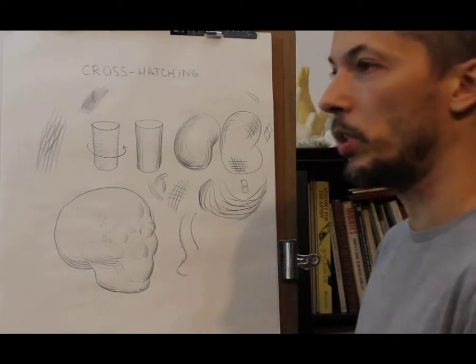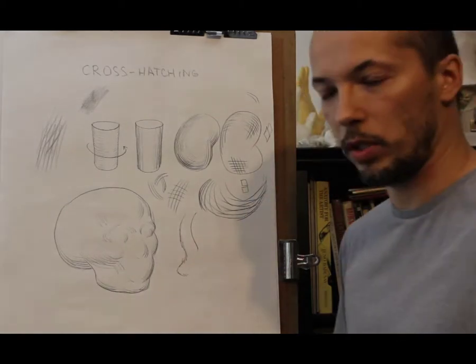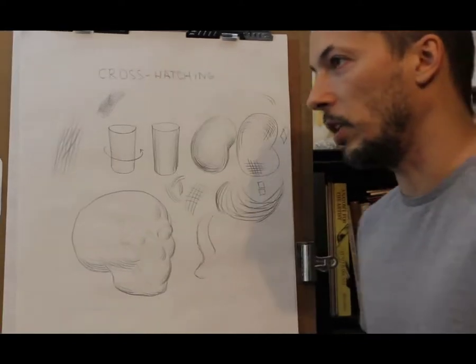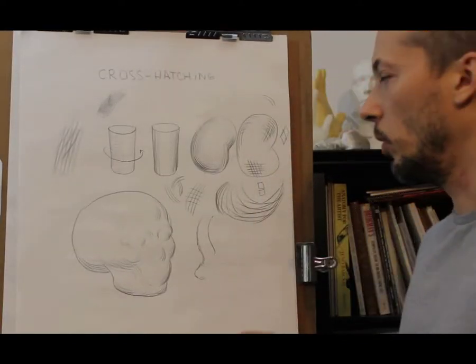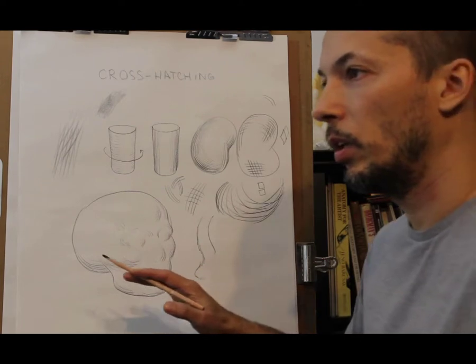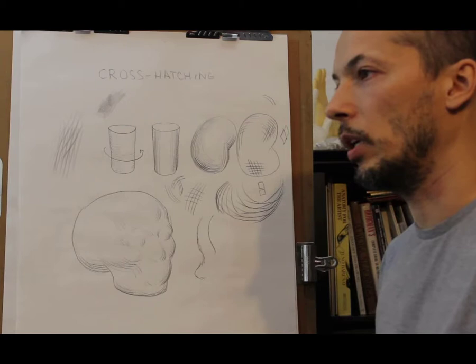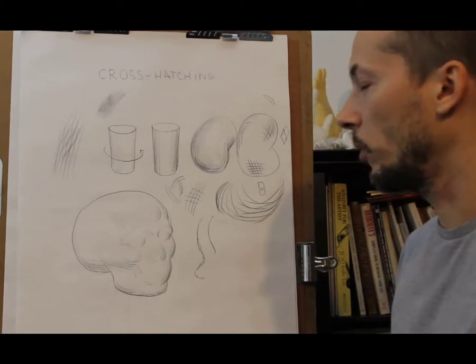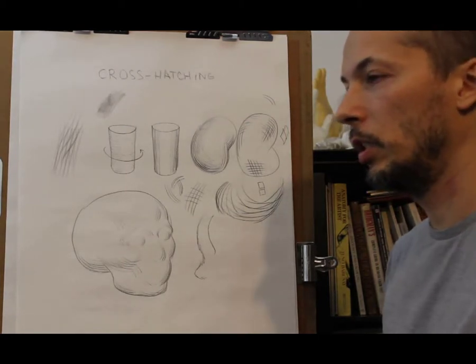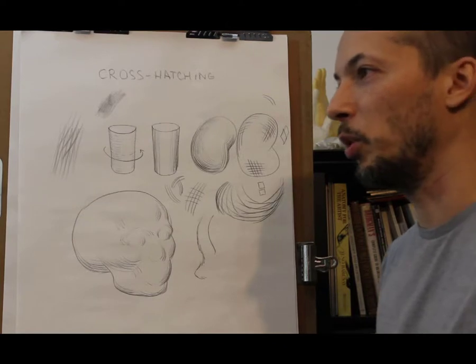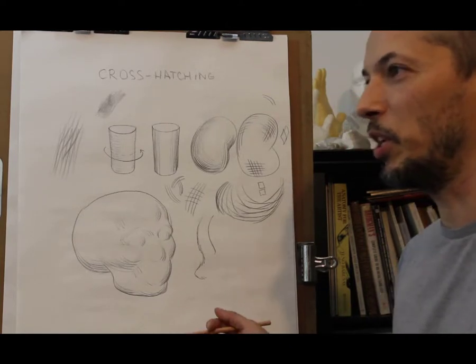There's actually an interesting other way of doing cross-hatching that I discovered as I'm looking at one of my favorite YouTubers who teaches in Russian Academy, Alexander Aryshkin. I don't know if you guys can find it, but it's all in Russian, so I don't know if it's going to be helpful.